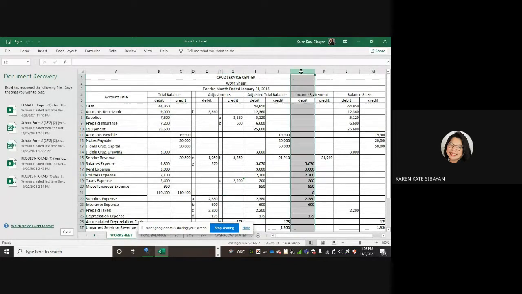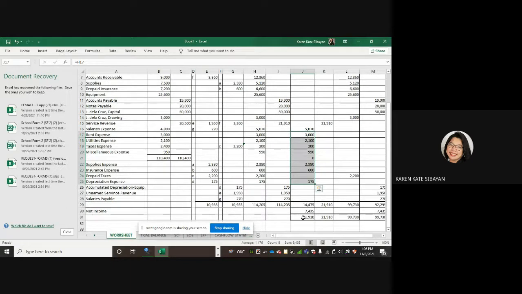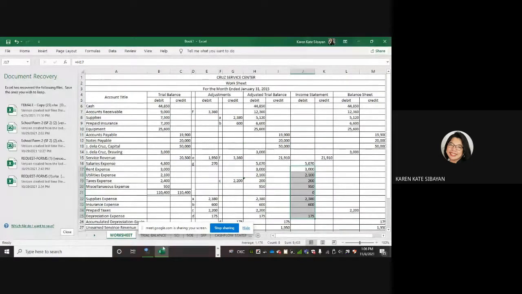Of course, we look at our income statement. Right? Because here, your concern is only income and expenses. Is that right, class? Yes, ma'am. So, meaning to say, does it have a concern? It depends. Okay? So, analyze.